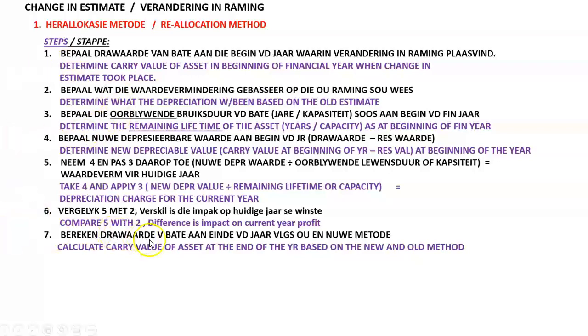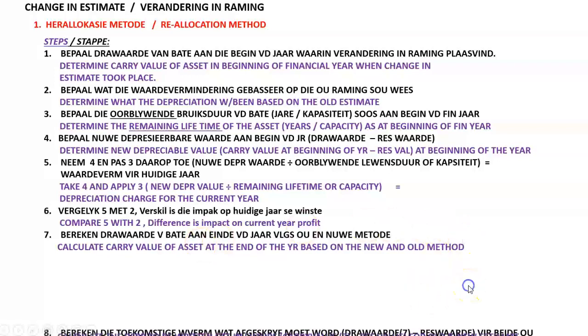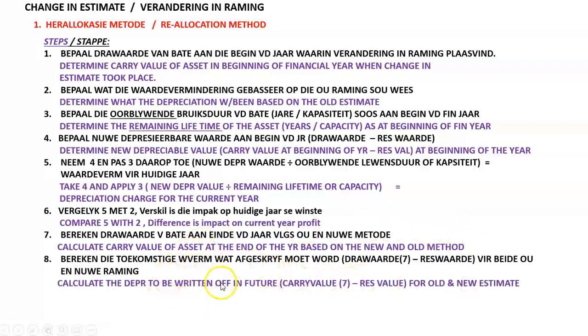So for that, I need the carrying value of the asset at the end of the year based on the old method, and I need the carrying value of the asset based on the new method. And then I have to determine how much depreciation we are going to write off. Now remember, we're only going to write off depreciation always up to the estimated residual value.